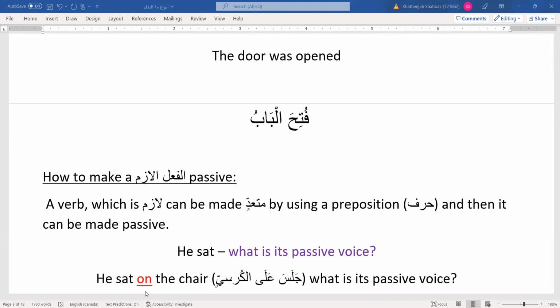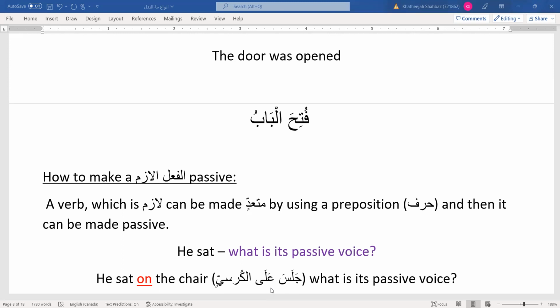In Arabic, we can say added a harf. So in Arabic, we will say jalasa, he sat down, or he sat ala, upon or on, al-kursi, he sat on the chair. Jalasa ala al-kursi.